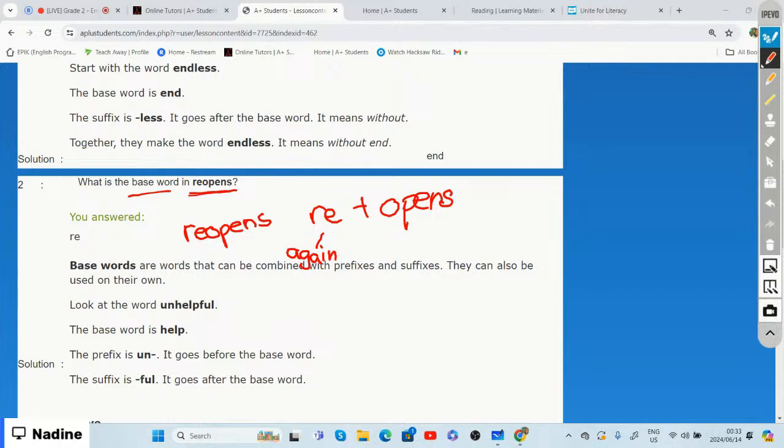So do you see how we need to look at the word and find the meaning of each part before we can add those two together and say, okay, this is what the word means? Exactly. And we made an example of reheating it. It's like warming it again or heating it again. Right? So well done, guys.